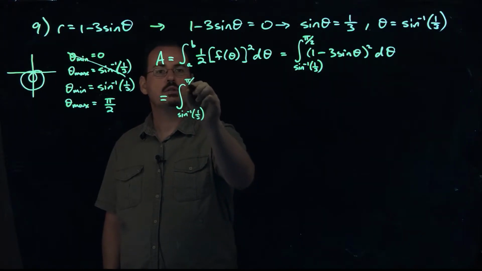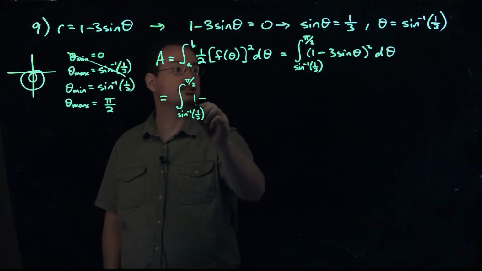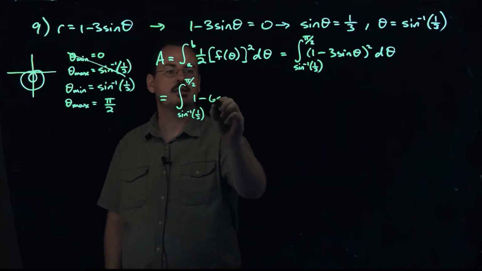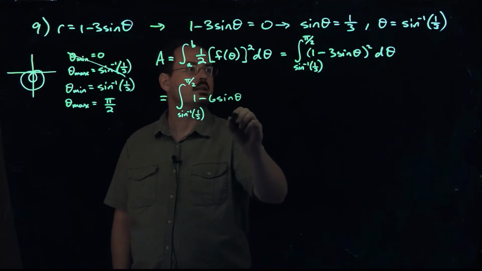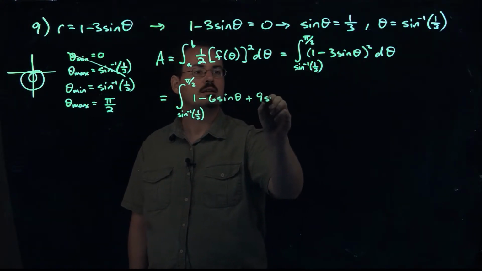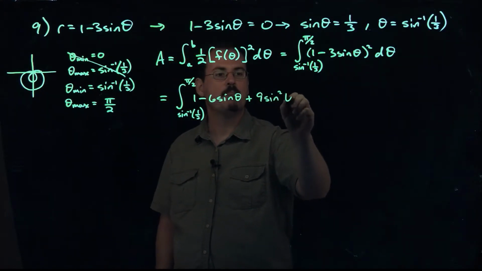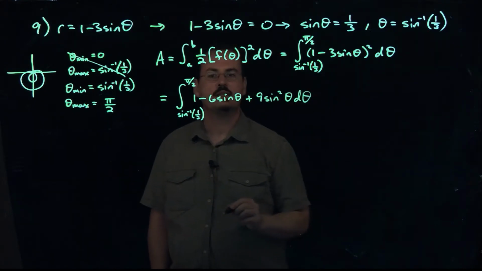Pi over 2. Expand that, we're going to get 1 minus 6 sine theta, and then plus 9 sine squared theta. So now we've got to find the antiderivative for this thing.